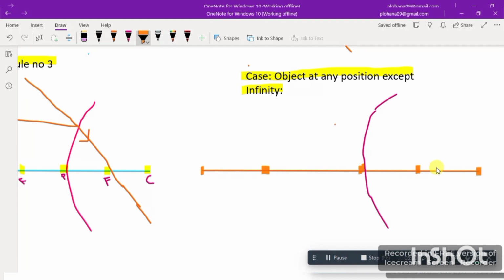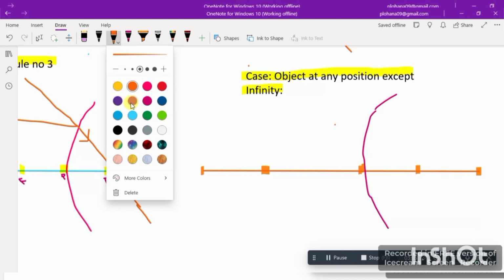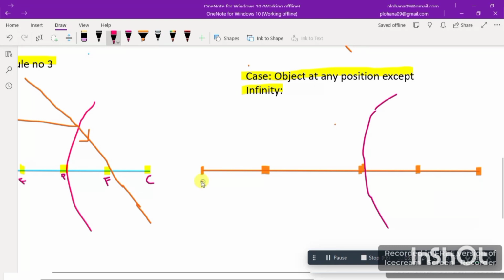This is again C, which is the center of curvature. So let me label it first. This is center of curvature. This is focal point. This is P, the principal axis. This is F again, and here we do have center of curvature, right? So I have just labeled it.